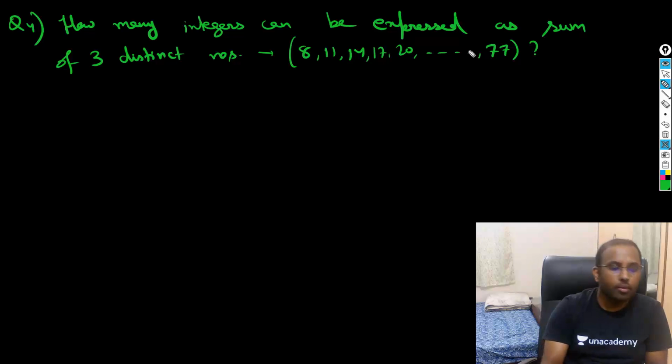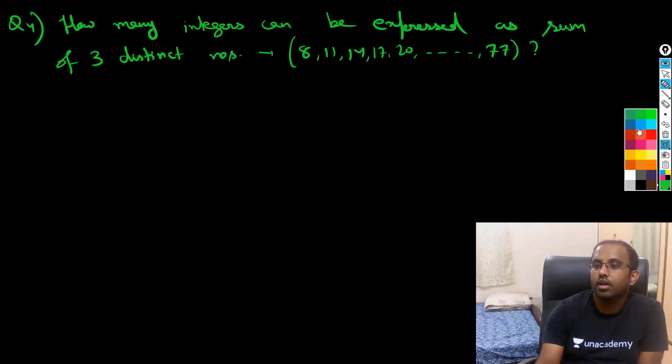So how many numbers can be expressed in this form, as the sum of three distinct numbers from this set?